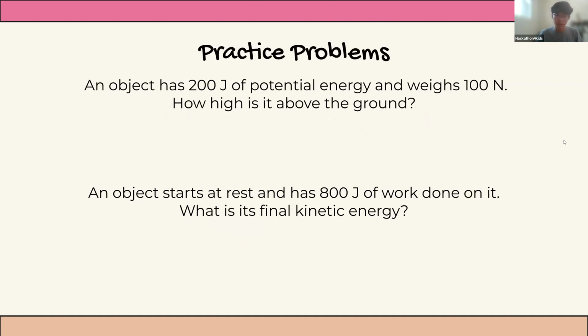An object has 200 joules of potential energy and weighs 100 newtons. How high is it above the ground? This might be a little bit tricky, but I'll give you guys another like 30 seconds to solve it, okay? This involves a little bit of kind of substitution.